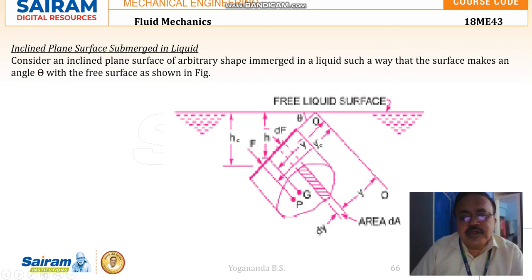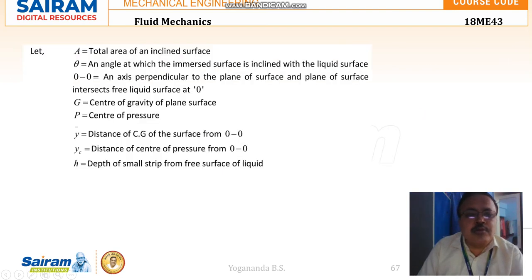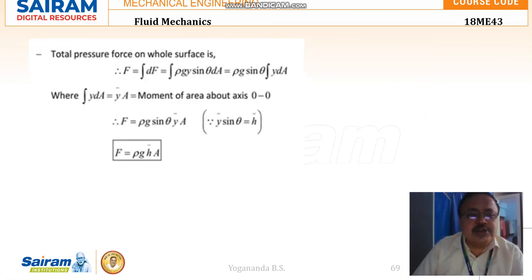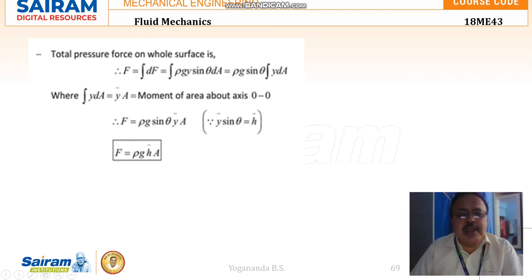The element is at a distance of y from the axis OO. If I consider this entire body, the total area is now passing through the point G, which is at a distance of y bar from the axis OO. So taking that area into y bar as the moment of the area, in the equation F is equal to rho g sin theta, the integration of y dA is nothing but A into y bar.